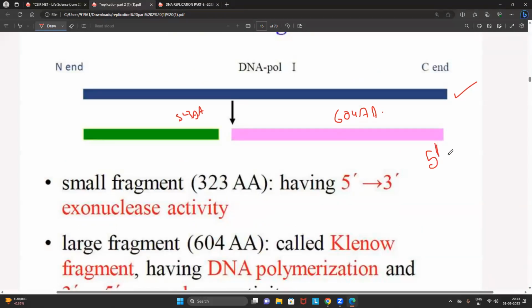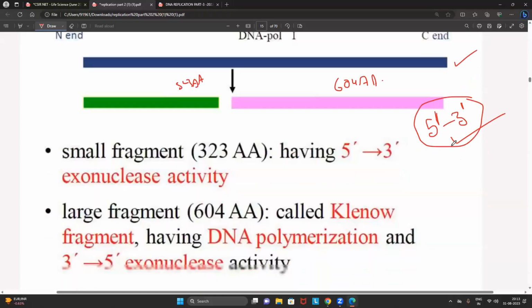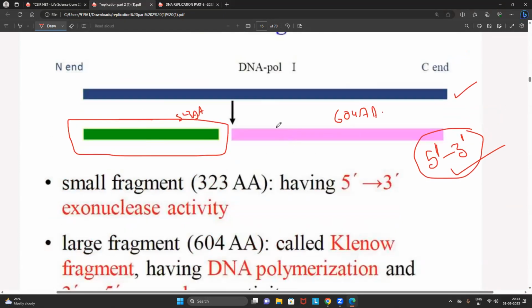What is that special activity? The 5' to 3' exonuclease activity, or the proofreading activity. That extra activity is performed by the small fragment. And the large fragment will do the remaining two functions: 5' to 3' polymerization and 3' to 5' proofreading.